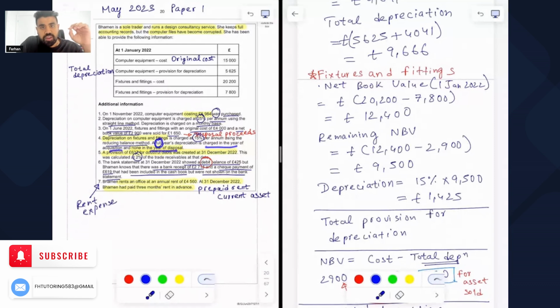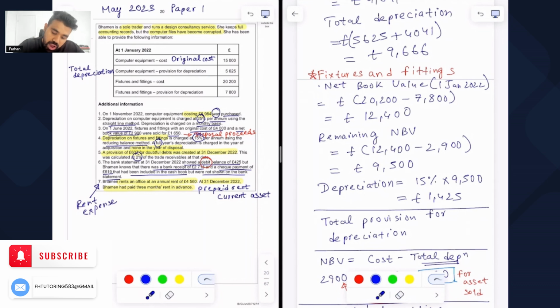So this fixture and fittings that we have sold would not be included in our depreciation calculation. So what we have to do is remove the effect of this asset first, because as the question says, you only calculate depreciation in the year of purchase and in the years of usage, but you do not calculate the depreciation in the year of disposal, which is what is happening with this asset.